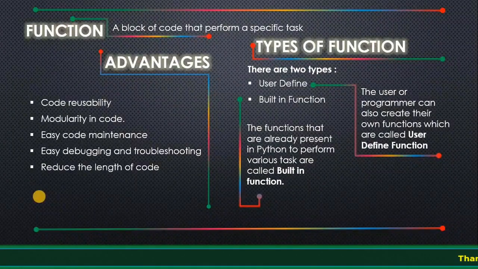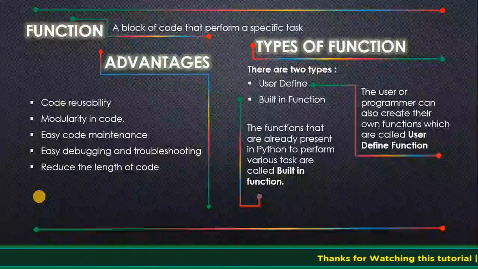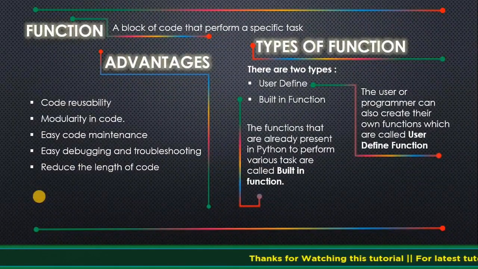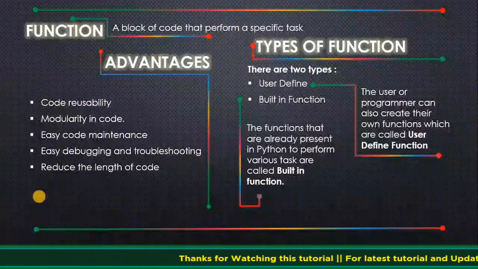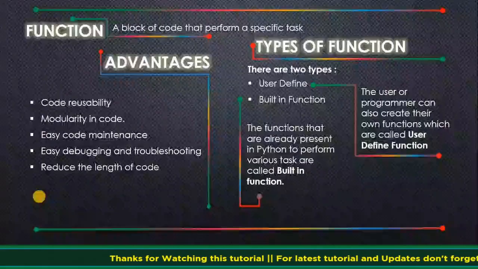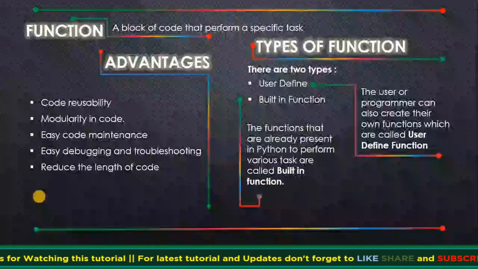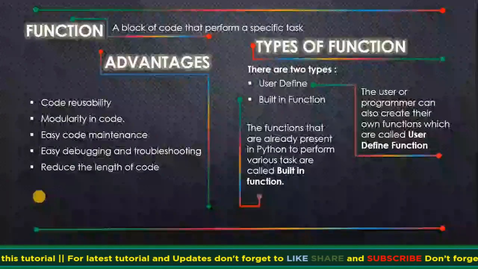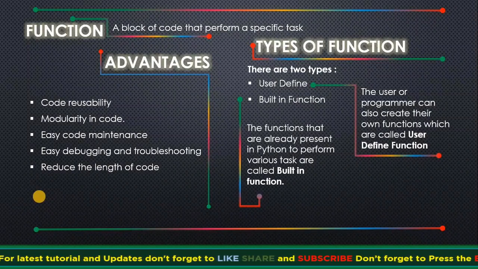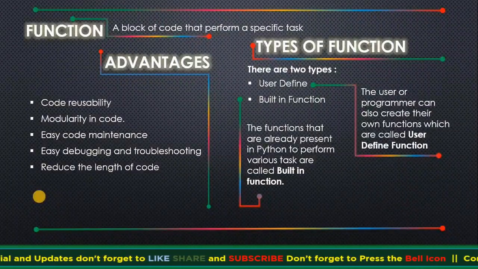You can maintain the code very easily, and it also helps you debug or troubleshoot any problem in those particular functions. As the code is reusable, the overall length of your program will definitely reduce. So these are the advantages we have with functions.